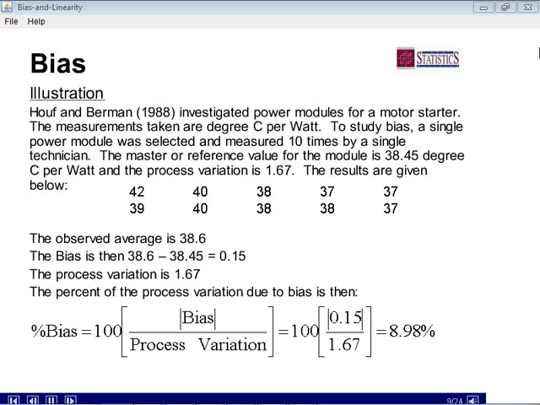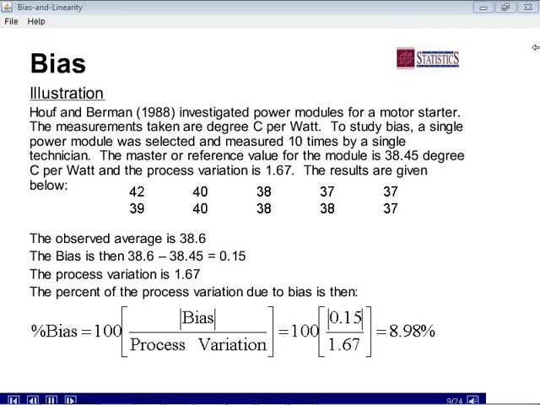To study bias, a single power module was selected and measured 10 times by a single technician. The master reference value for this particular module is 38.45 degrees Celsius, and the process variation from past experience is known to be 1.67. The results are given below.